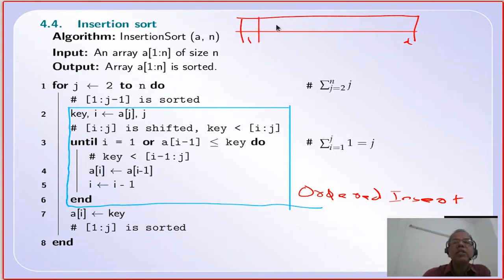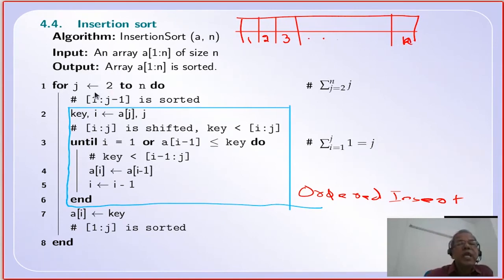A[1..1] is already sorted. A[2] is out of order. Call ordered insert on 1 to 2, then 1 to 2 will become ordered. Call ordered insert on 1 to 3, then 1 to 3 will become ordered, and so on. Finally, call ordered insert on 1 to n.